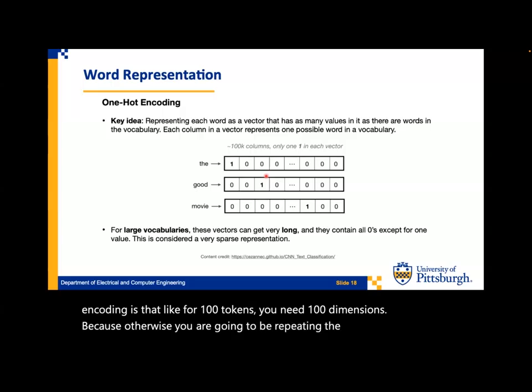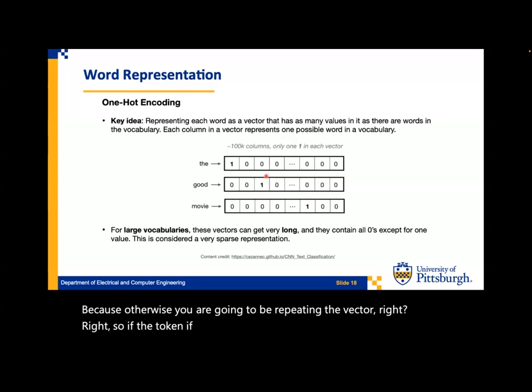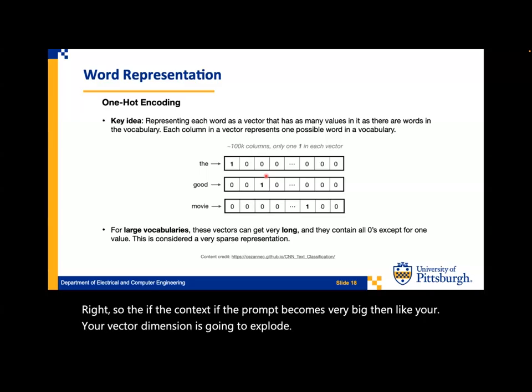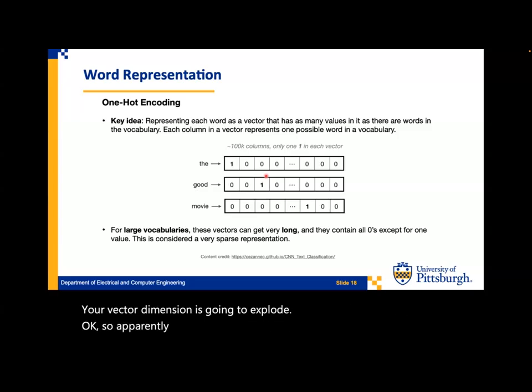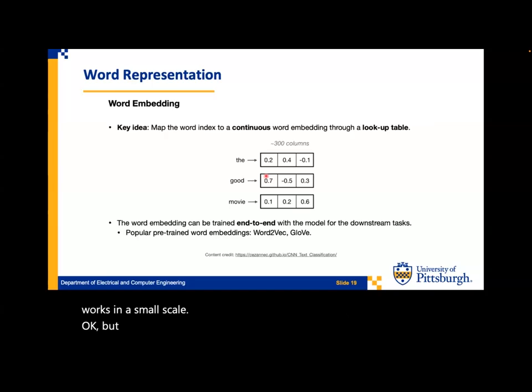So if the prompt becomes very big, your vector dimension is going to explode. Apparently that's not a great design. It probably works on a small scale. But what's a better idea?